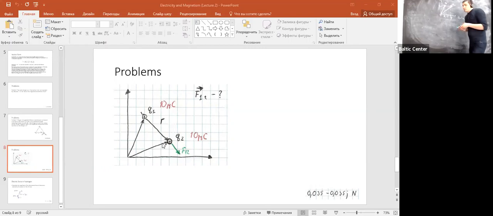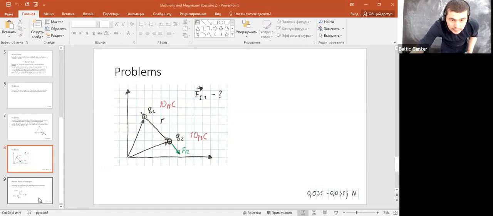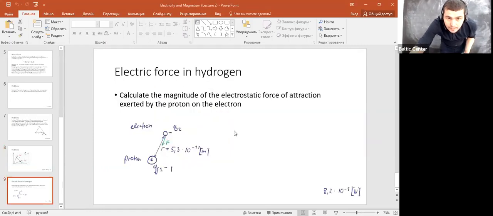Okay, this one is home task for you guys, and we have one example here. Electric force in hydrogen. Calculate the magnitude of the electrostatic force of attraction exerted by the proton on the electron. So we have the two charges, which are the electron and proton.